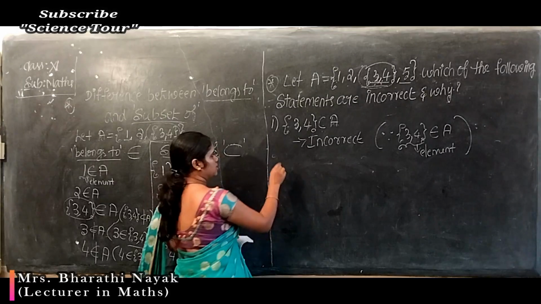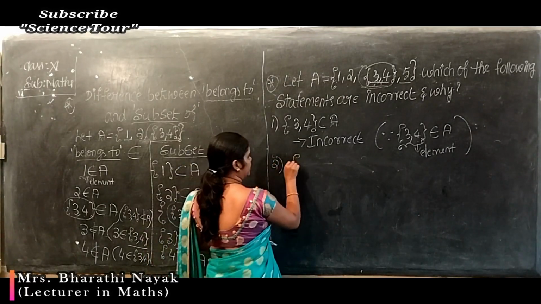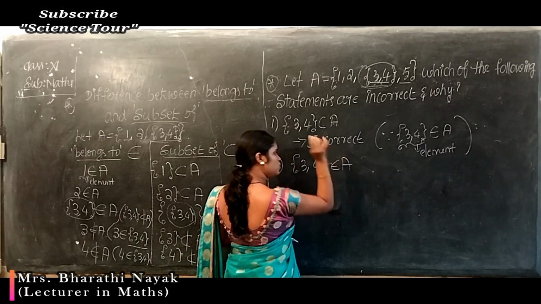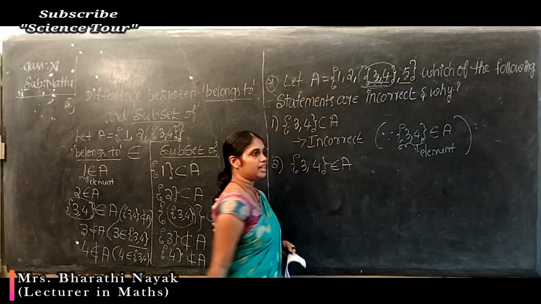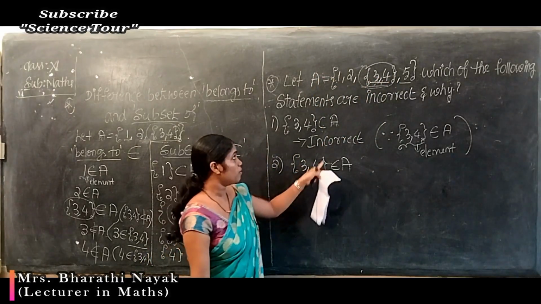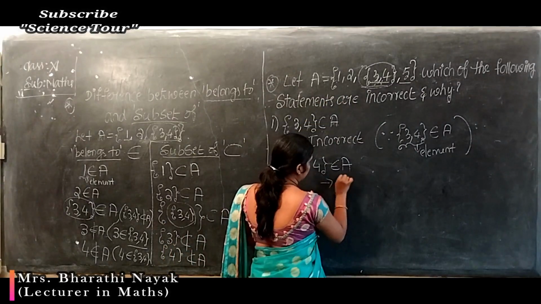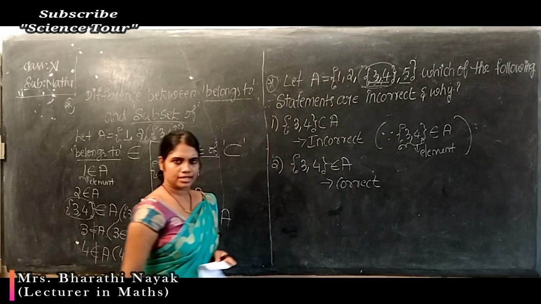Okay, so next, the second question I will consider. The set containing 3, 4 belongs to A is given. This is correct because 3, 4 is one of the elements, isn't it? Yes. So this is one of the correct statements.